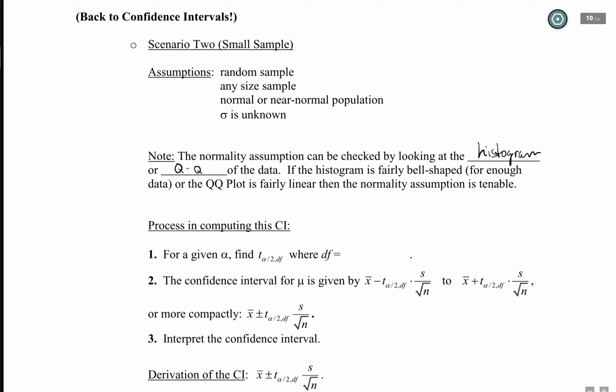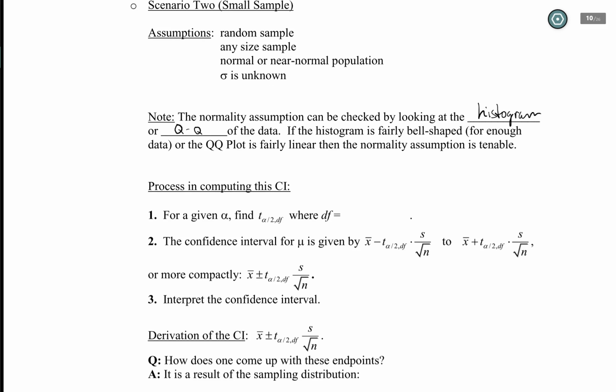If the QQ plot, also called the normal probability plot, is fairly linear, then the normality assumption is tenable, or defendable. The histogram is not very reflective of the underlying distribution if the sample size is small, but the QQ plot can give us more information about departures from normality if we have a nonlinear QQ plot.